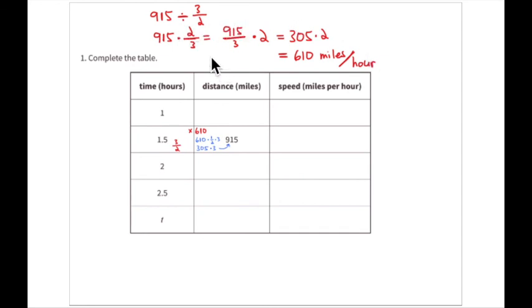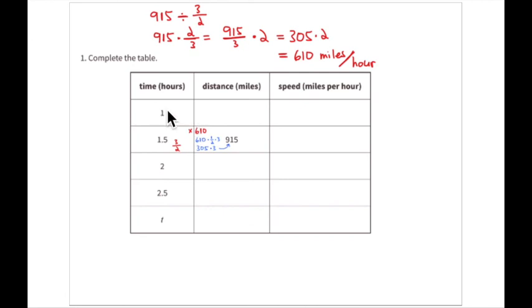We just did this. 915 divided by 3/2 times 2/3. 915 divided by 3 times 2. 915 divided by 3 is 305 times 2 is 610 miles per hour. So its speed in miles per 1 hour is 610 miles per hour. Once you know that, that's the constant of proportionality.